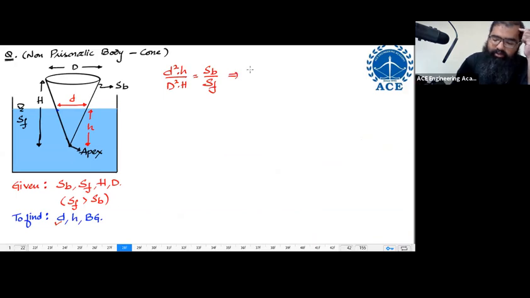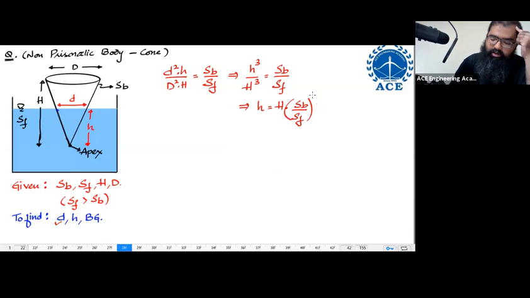I can also write this as small h cube upon capital H cube is equal to SB upon SF, which implies small h is equal to capital H into (SB upon SF) whole power 1 by 3. Till here I hope everything is fine.